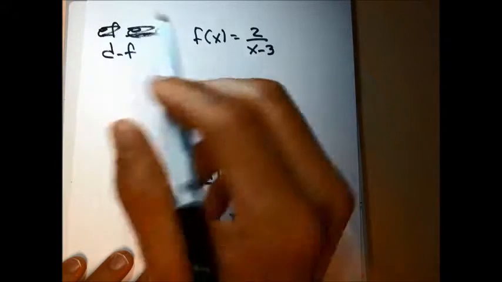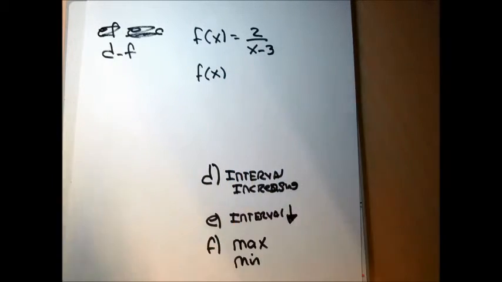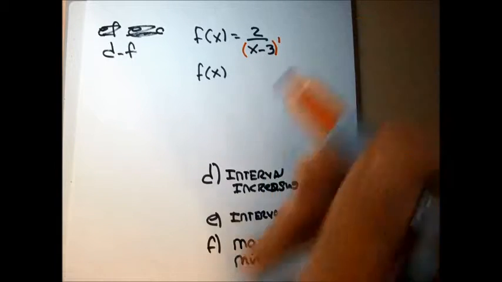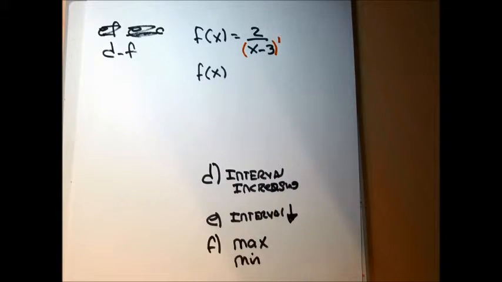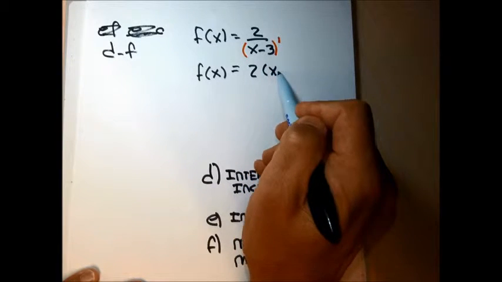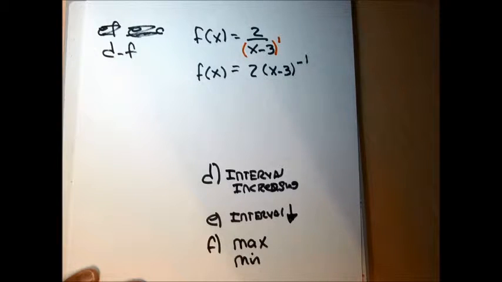I'm going to rewrite the problem to take the derivative using the chain rule. I'm going to think of the entire denominator as being in parentheses with an exponent of 1. I'm going to rewrite the problem without a fraction and with a negative exponent. So that's the original problem written so I don't have to use the quotient rule.